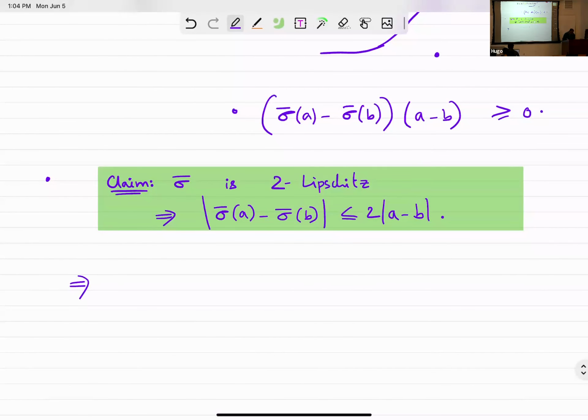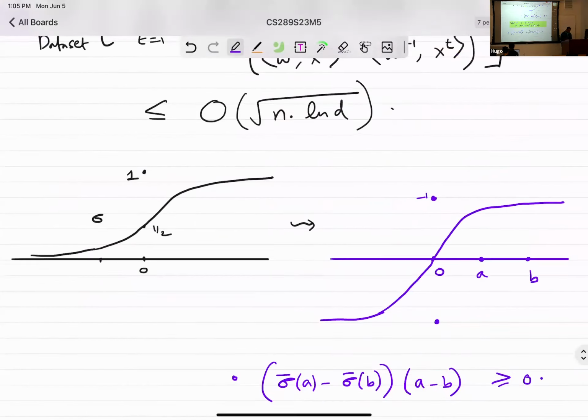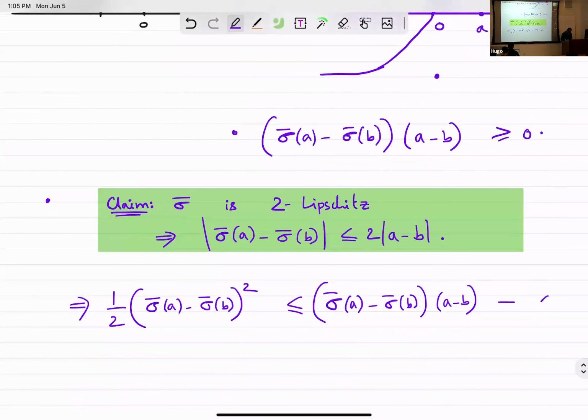This implies that the product of these 2 is at least half of the squared distance between them, because the distance between the actual absolute values is larger than half of the sigma. Okay. So let me call this equation 3, and this is equation 4.